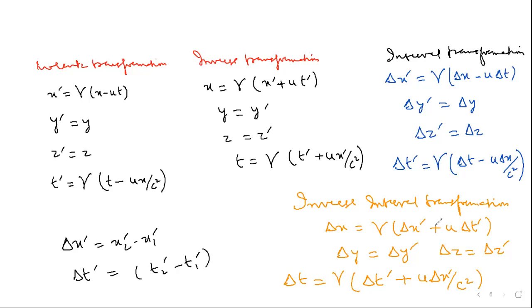And remember, all these equations can be applied only in the case of relative motion in the x prime direction. And remember the definition of Lorentz factor gamma, which is 1 over square root of 1 minus u square by c square.